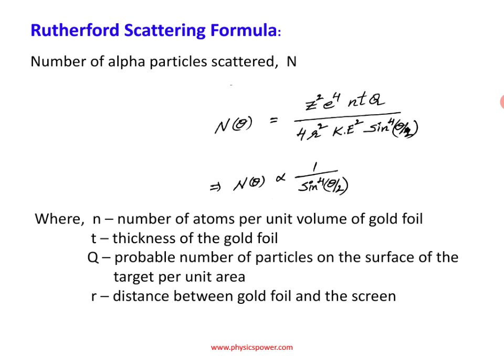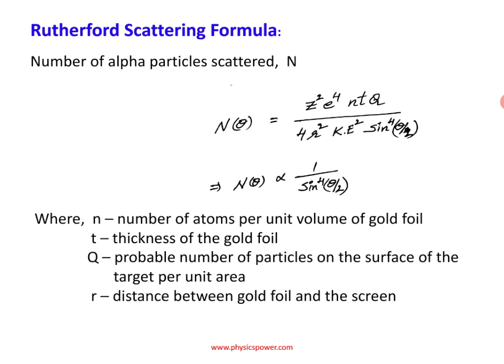And finally, for the number of alpha particles reaching the ZnS screen, he was able to derive one formula, the Rutherford scattering formula. That is a very big derivation in higher studies. For example, for plus one and plus two students this derivation is not required, but it is an important derivation for degree students.